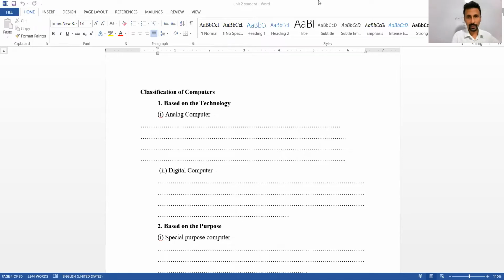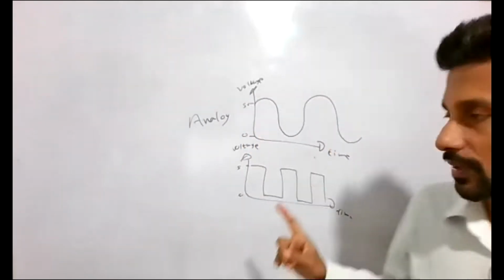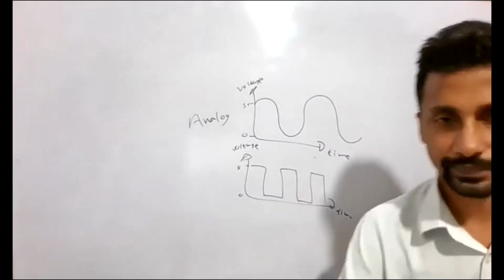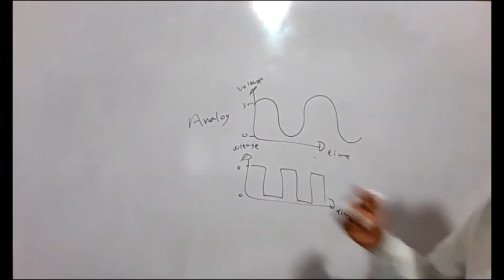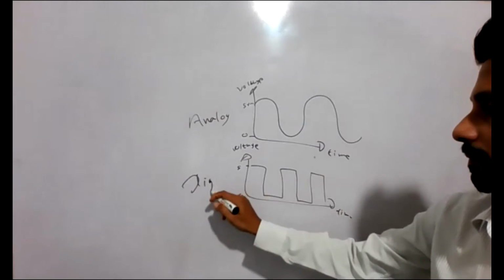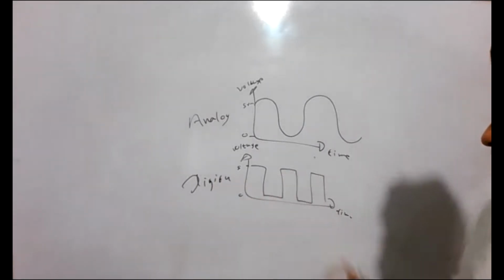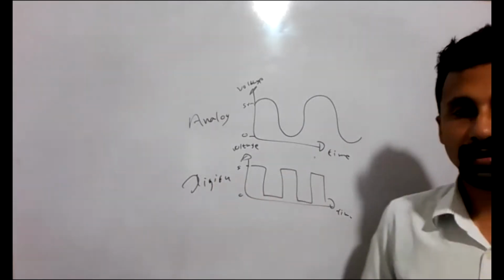So don't worry about the number systems. We are discussing that in unit 3, right? Binary number systems. Okay. Take this down, example signal, the digital one. So you have time and the voltage.